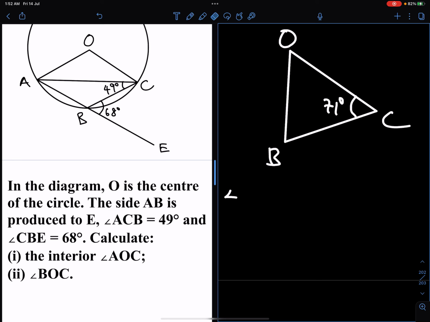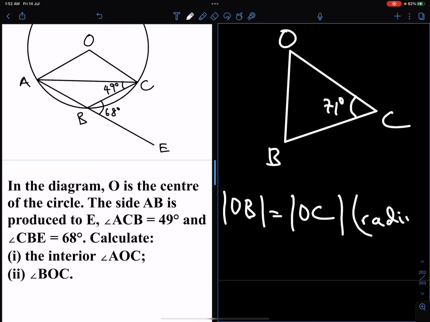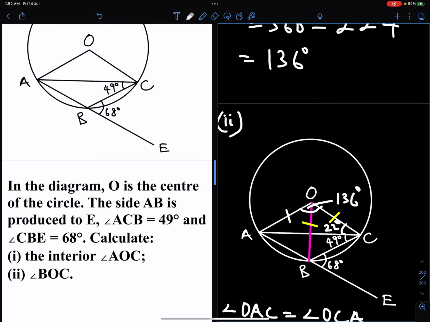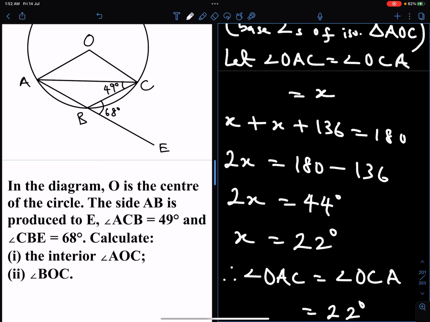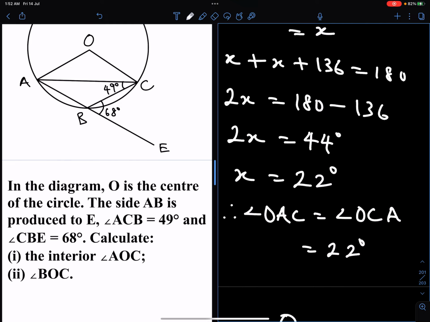Length OB is equal to length OC. And what's the reason? They are both radii. If you check the circle, length OB is the same as length OC. They are both radii, the distance from center to circumference.